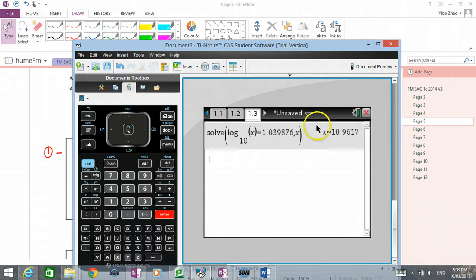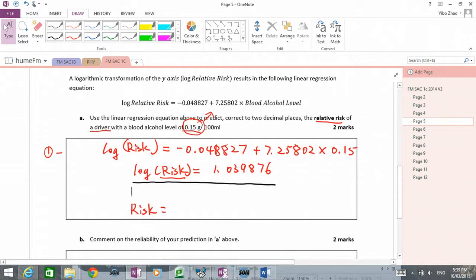Press enter. My x is going to be 10.96. The risk is going to be 10.96. Now, some students write down x equals to 10.96. If you do this, you get no mark. You won't get the last mark.